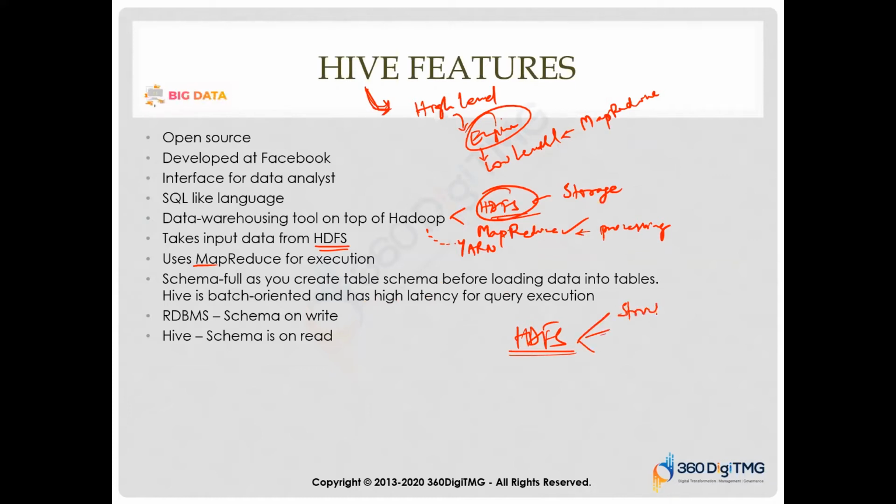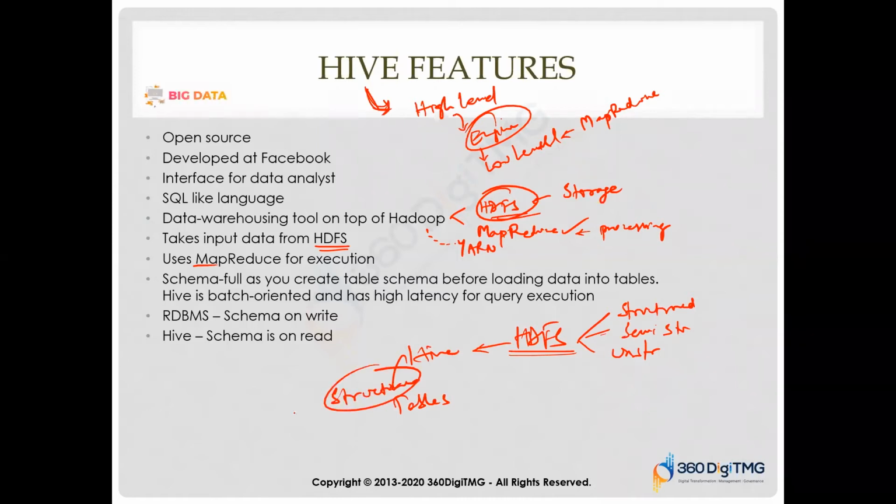It could be structured data, semi-structured or unstructured. But when I am accessing this data using Hive, I would create tables. That means I'm converting the data which is there in different formats into structured format, and then it will get stored in a table.